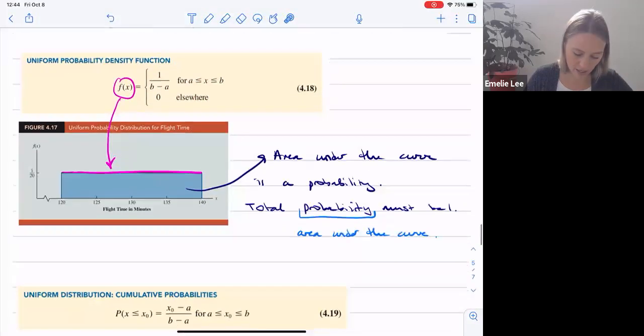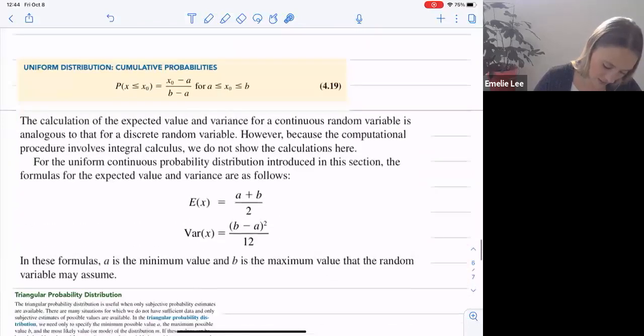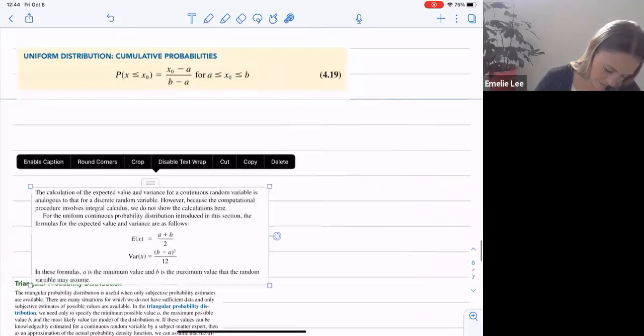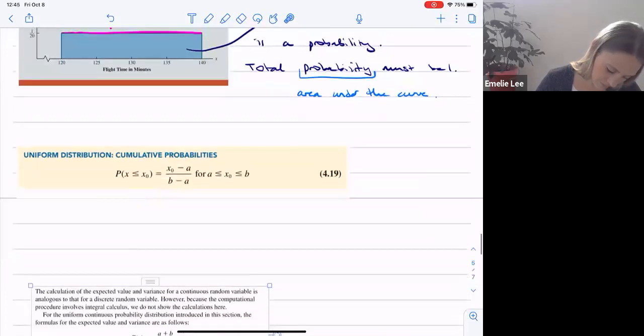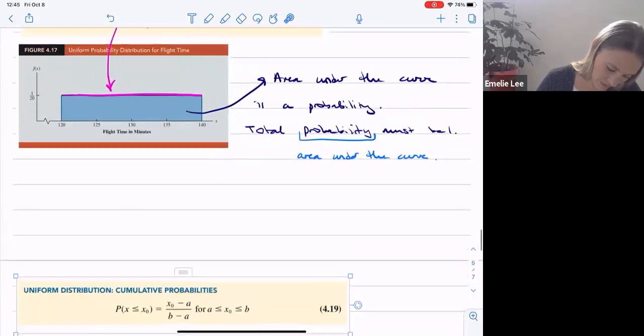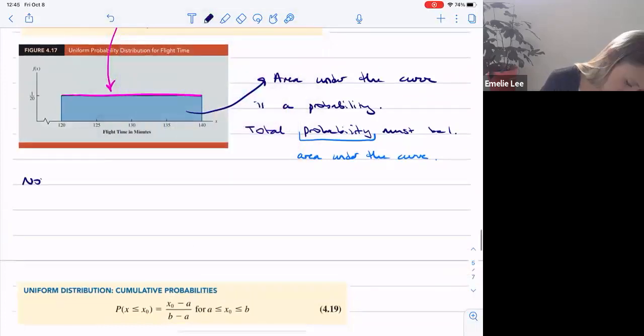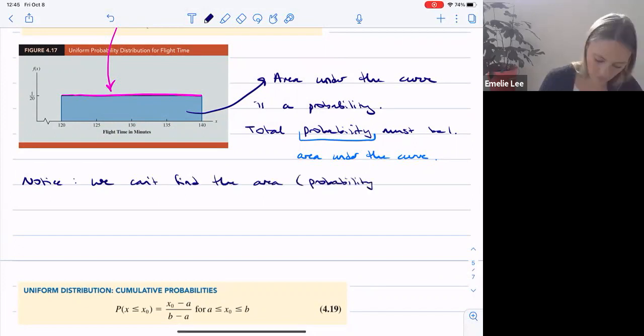If we think about a single point, notice we can't find the area, which is a probability, at a single point.